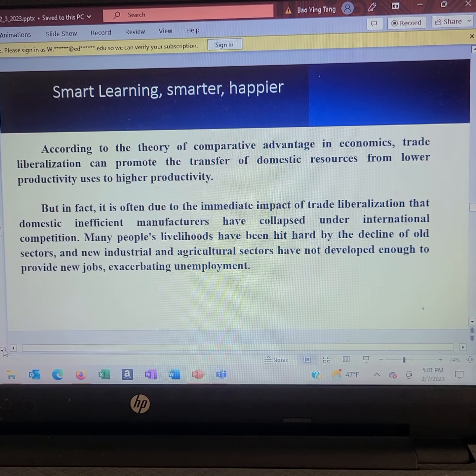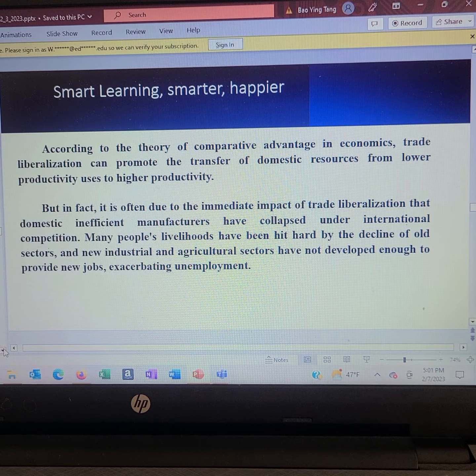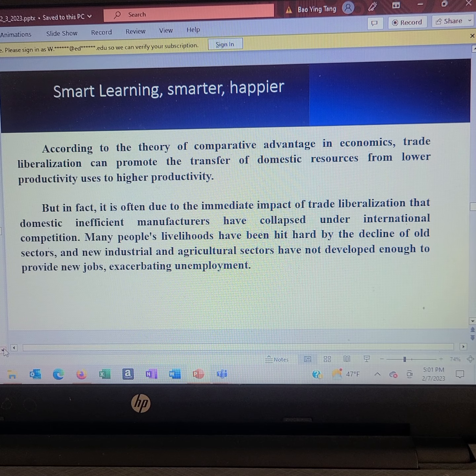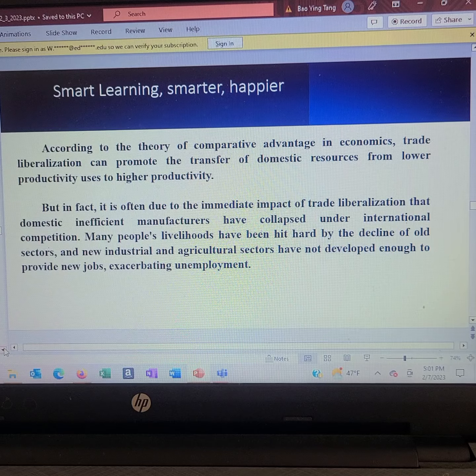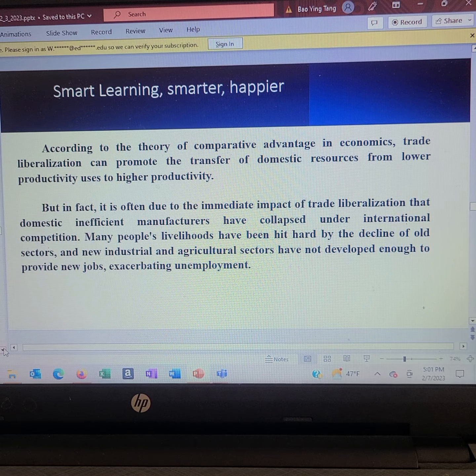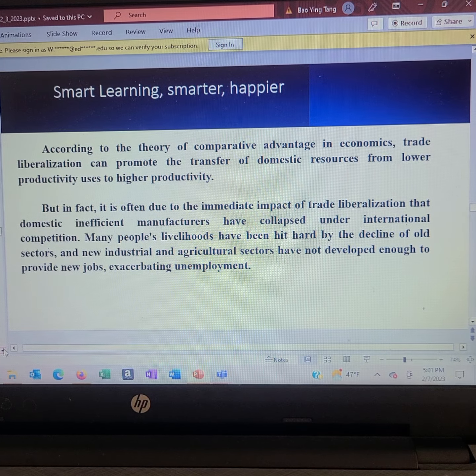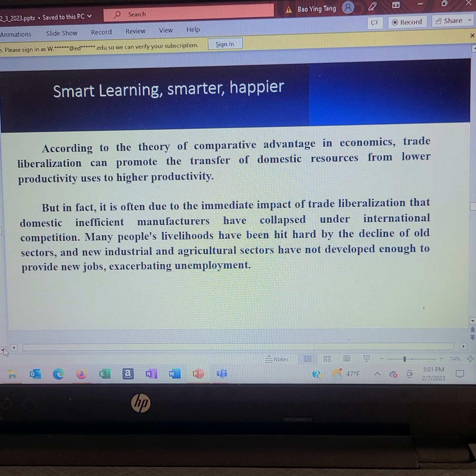According to the theory of comparative advantage in economics, trade liberalization can promote the transfer of domestic resources from lower productivity uses to higher productivity. But in fact, it is often due to the immediate impact of trade liberalization that domestic inefficient manufacturers have collapsed under international competition.